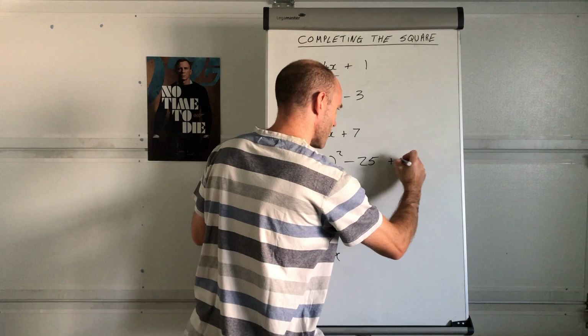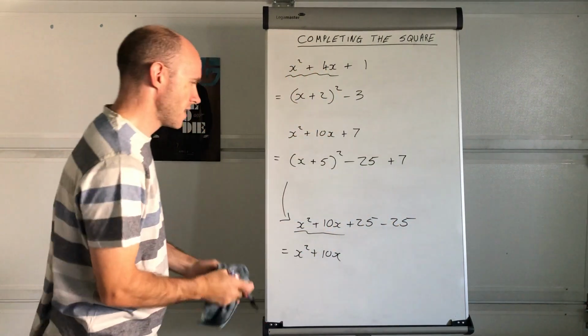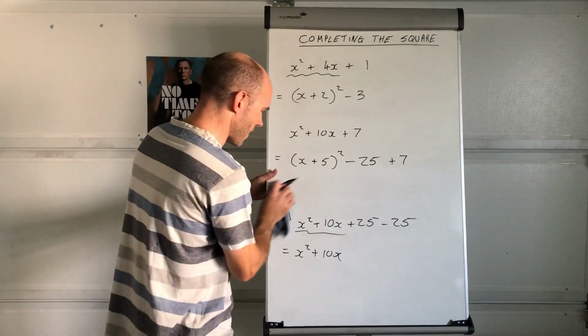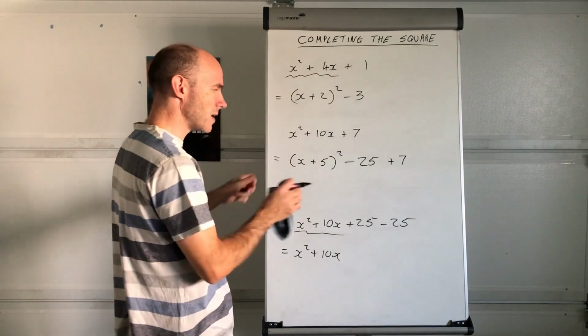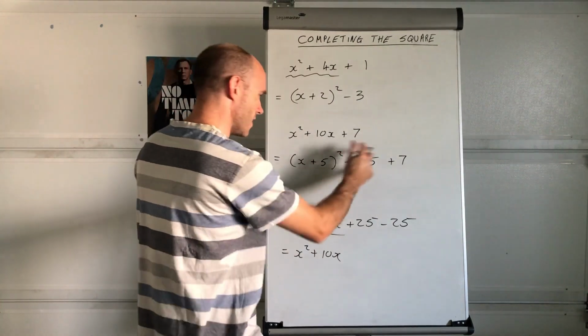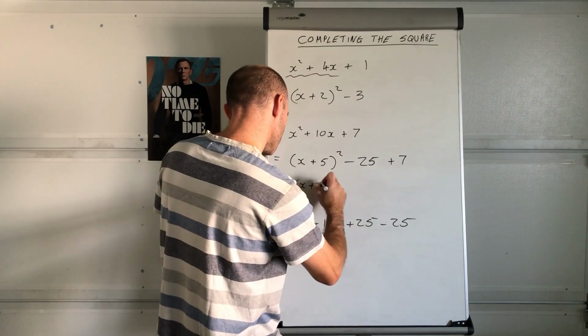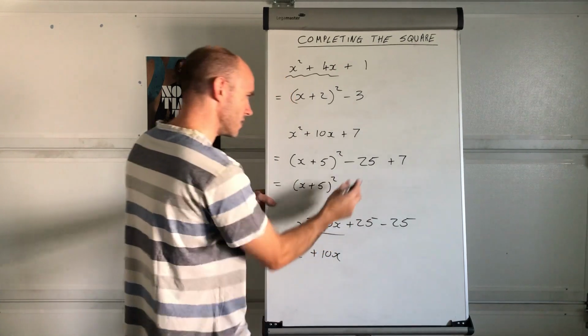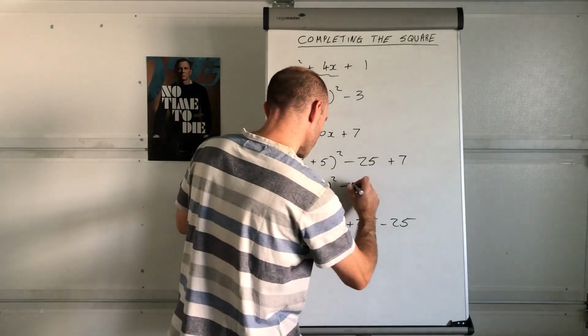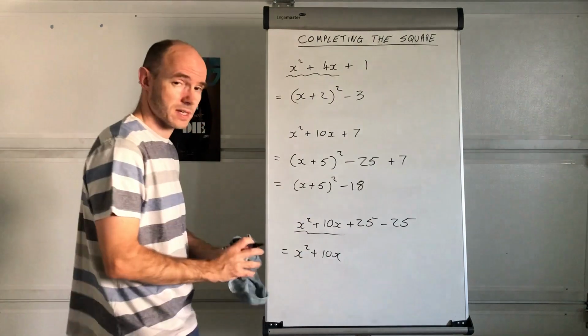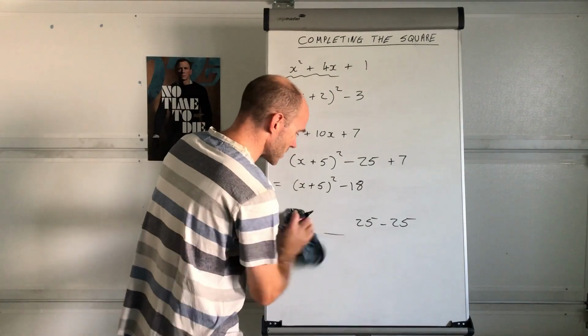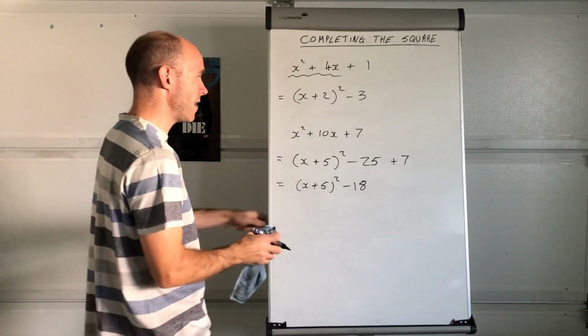And then we add on the 7. This method allows you to get immediately what your number on the end would be. So subtract 25 plus 7, that's subtract 18. That's it.